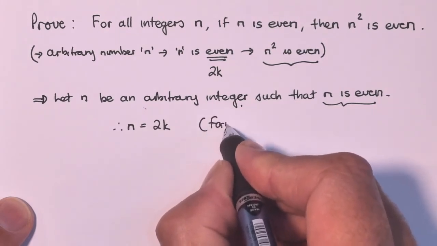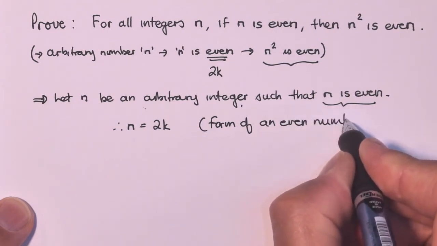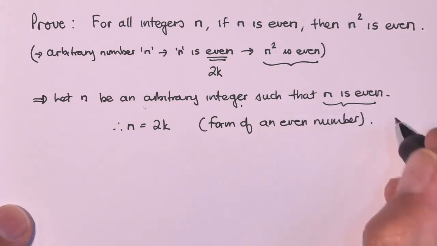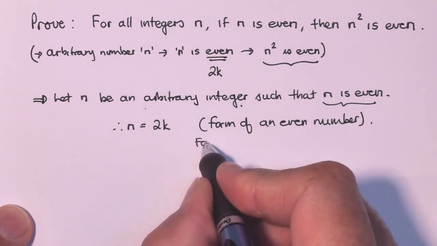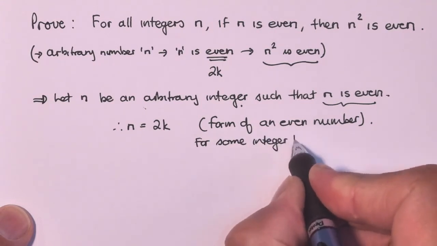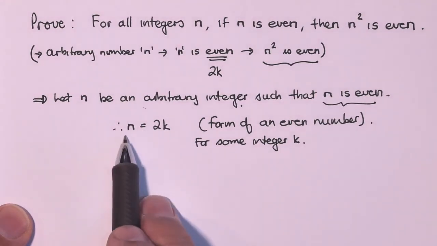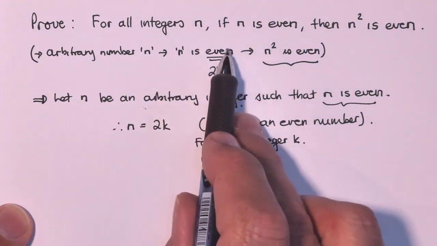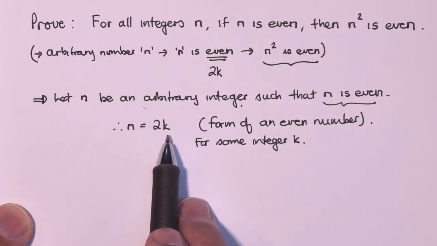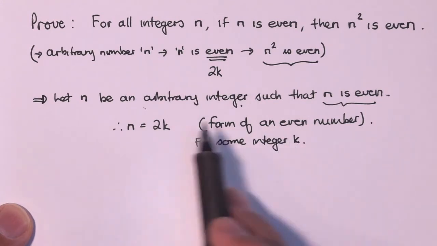So this is the form of an even number, for some integer k. Remember we're working with discrete mathematics, so we're working with integers, whole numbers, natural numbers. Now we've defined our n as even, we've said what it means to be even, and for which values of k it will be even.